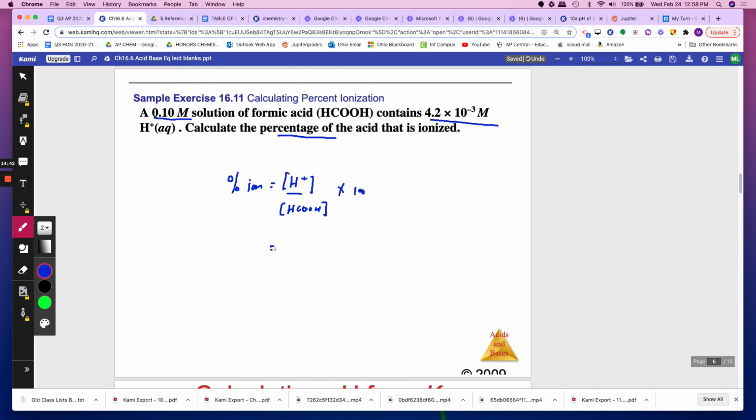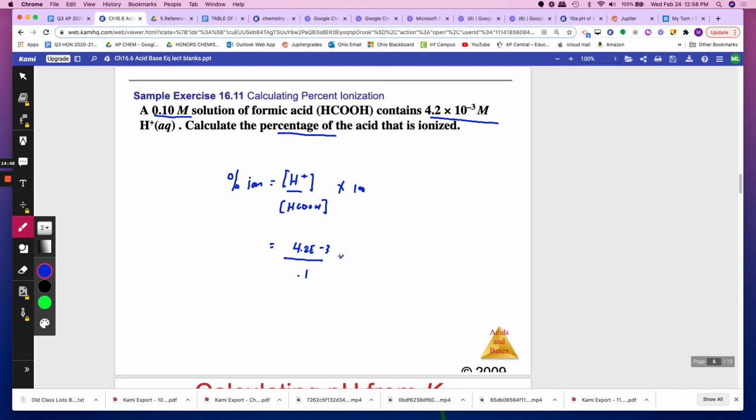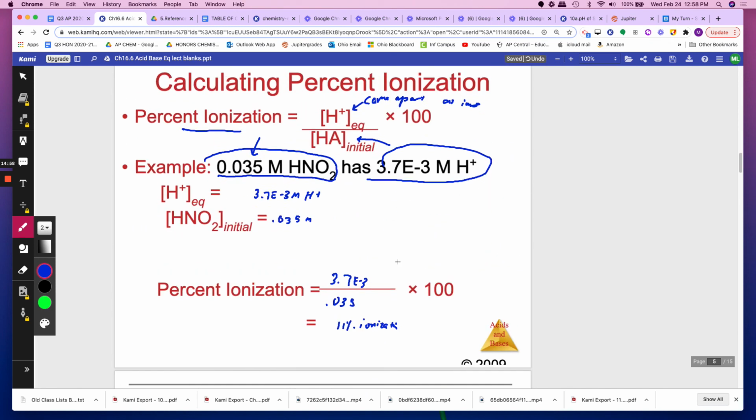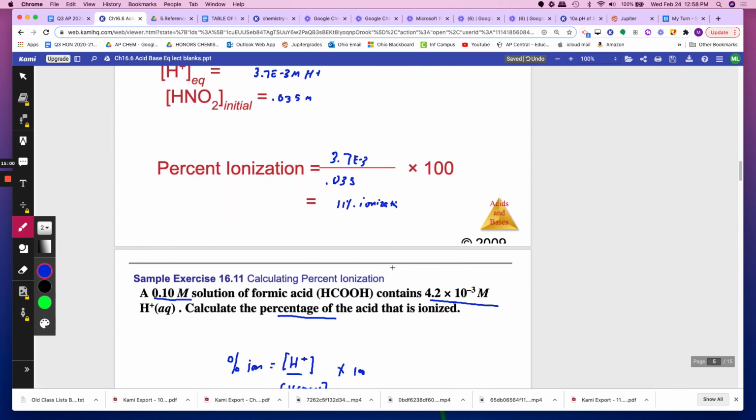How much broke apart was 4.2 E negative 3 divided by 0.1 times 100, which is equal to 4.2%. Oh, I think we did that already. Is that the same as up here? Yeah, same. We already did that problem.